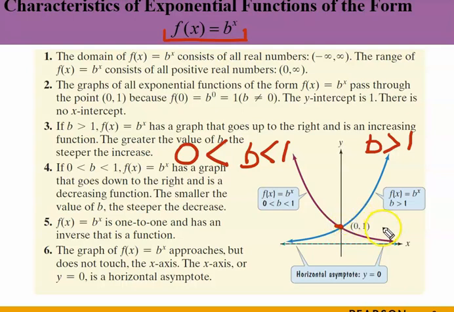Now, we mentioned that the x-axis is what this line gets close to, but never reaches. A line that something gets close to but never reaches is called an asymptote. You want to be sure to have that word down. And since it's a horizontal line, the x-axis is called the horizontal asymptote.